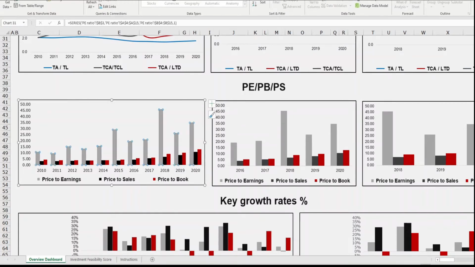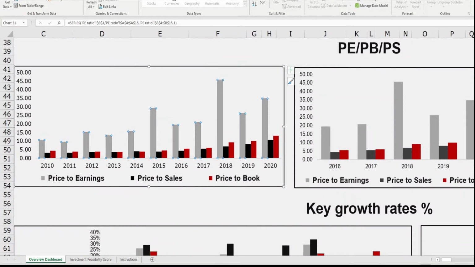So if we look over here and focus on the gray bars, we can see that the PE ratio has been quite good in 2010, 11, and then in 2013. The stock was quite discounted, because what I look for as a value investor is to get a good value for what I pay.